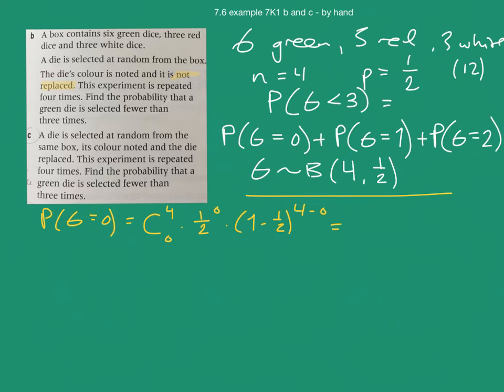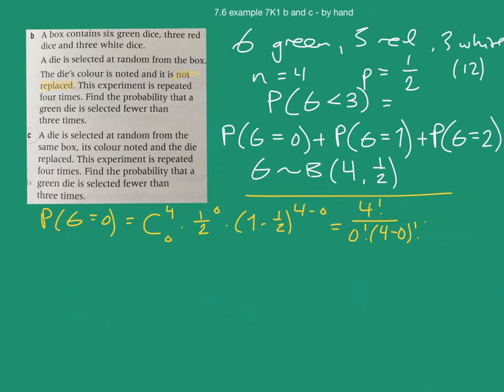And what happens to this C when you have 0 underneath? I could show you. It's going to be 4 factorial divided by 0 factorial multiplied with 4 minus 0 factorial, which is going to turn out to be just 1. We'll look at that in a minute.